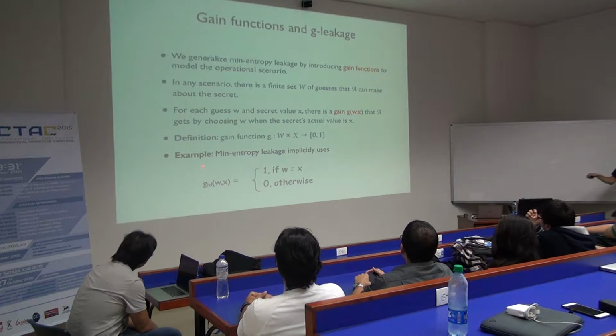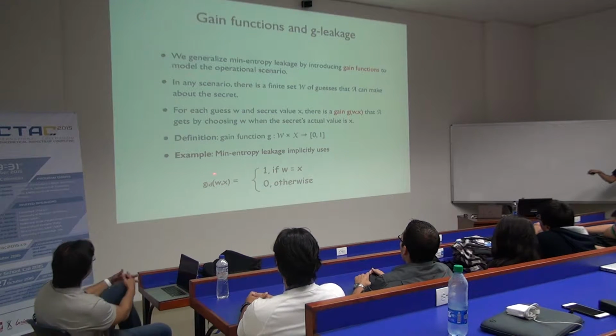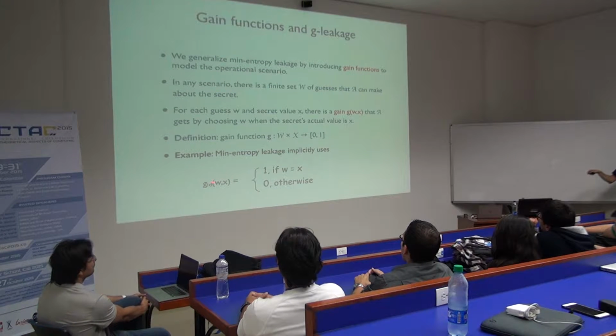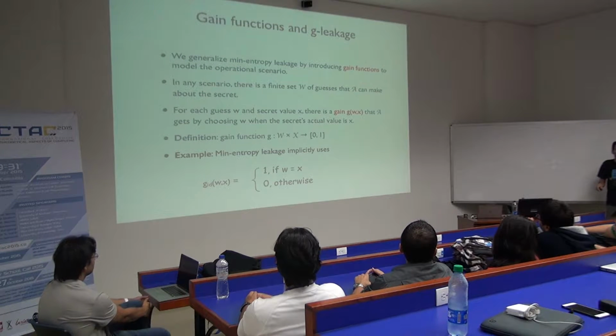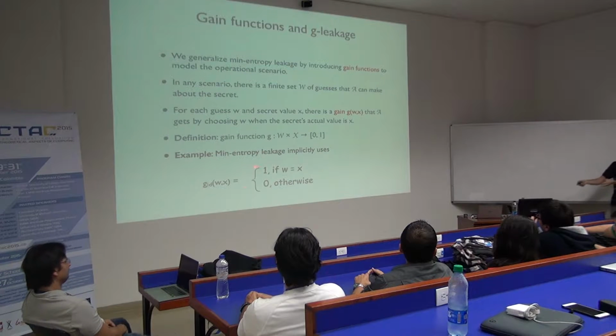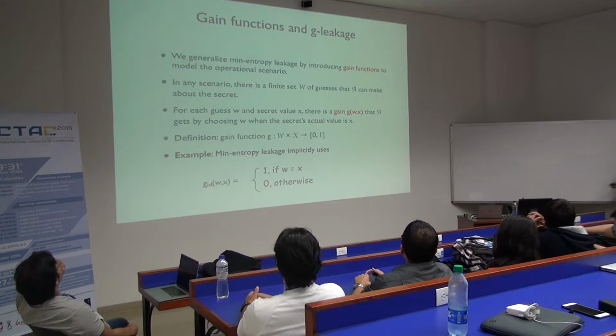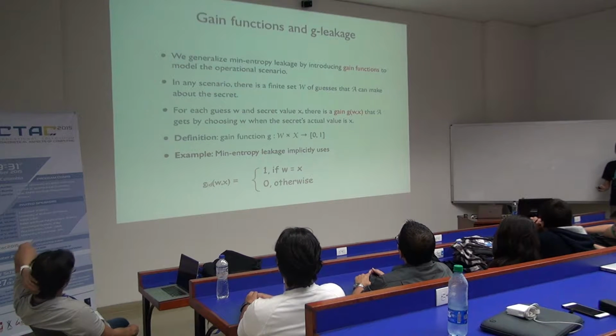And then the gain function that we use is what we call the identity gain function. So the gain that's assigned to W when X is the secret is 1 if W is equal to the real secret and 0 otherwise. So this is the simplest case that you can imagine. The guess is the real secret. If I guess correctly, I get 1. Otherwise, I get 0. So, still okay so far?